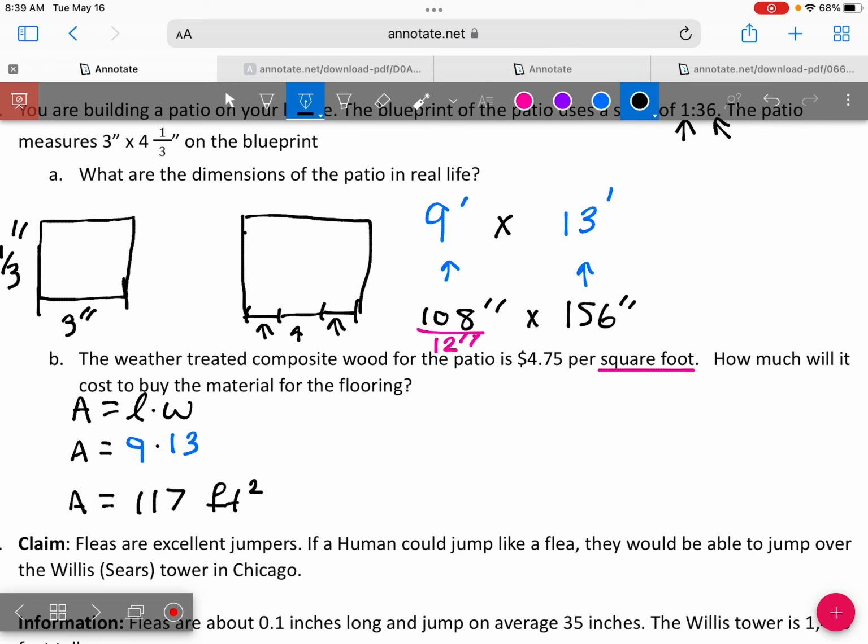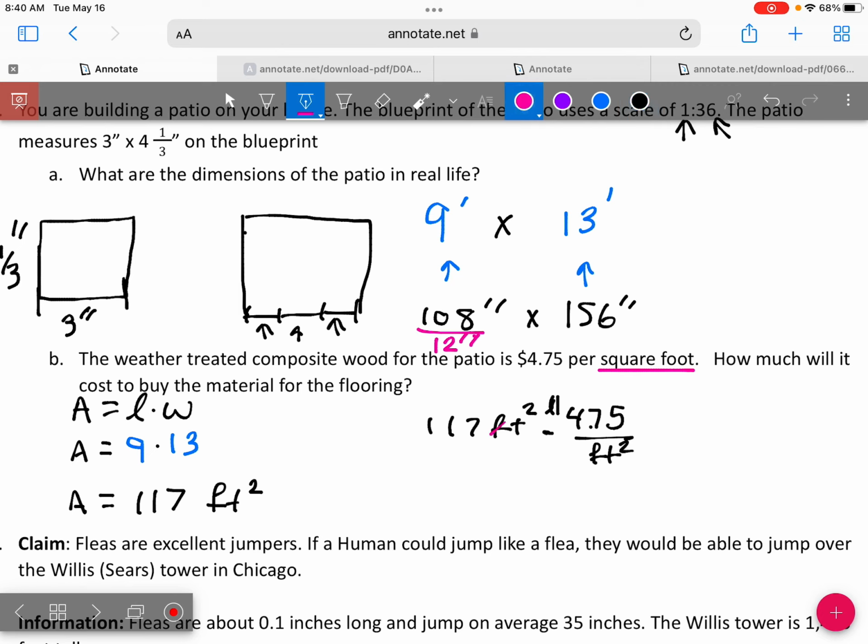If I know the area is 117 square feet and it costs $4.75 per square foot, how can I figure out the cost? Multiply them together. So I take my 117 square feet times the $4.75 per square foot.